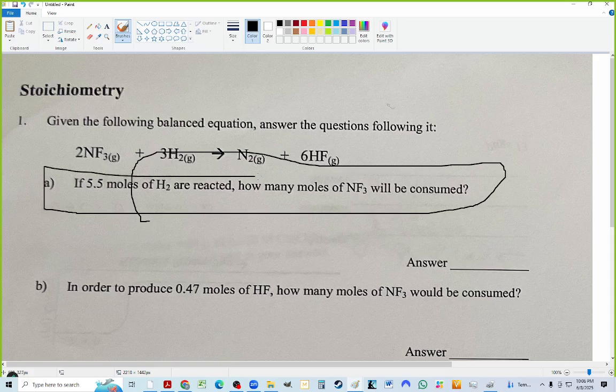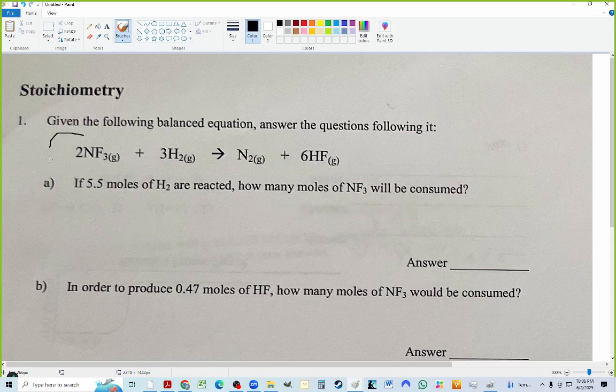So basically we have 5.5 moles of H2. And that's here, right? Okay, so we should focus on that. But that's 6 moles, not five. Exactly, so we'll get to that. Actually it's 3 moles, because what you're doing is taking 2 times 3 and figuring out how many hydrogens.